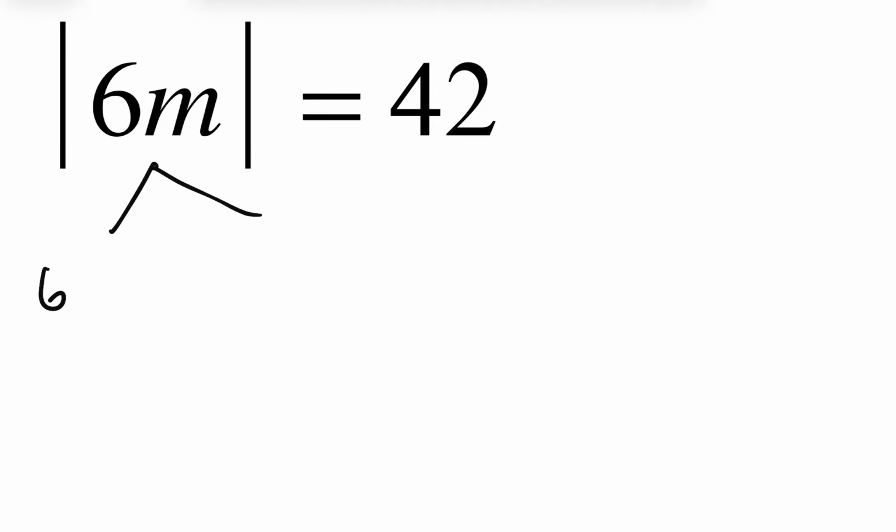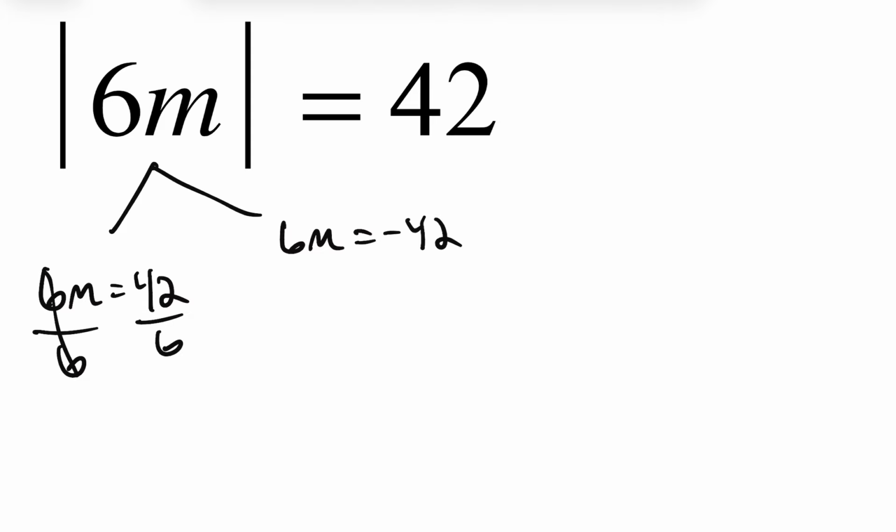So what we do is set 6m equal to 42, but we also set 6m equal to -42 because both of them will result in an absolute value of 42. So after separating them out into our two equations, we can solve each of them separately.